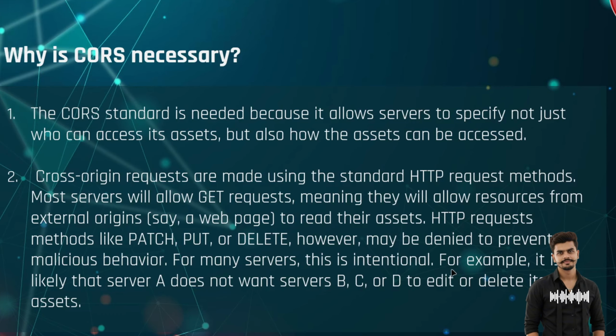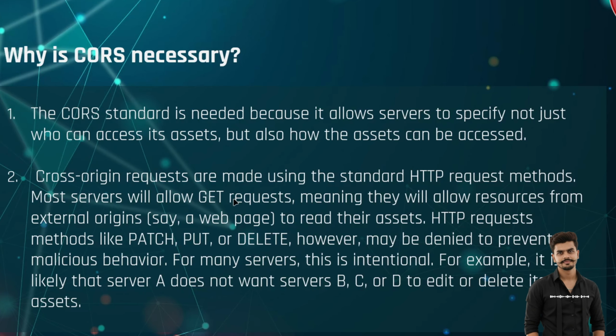For example, server A does not want servers B, C, or D to edit its data or delete its assets. So most of the time, the domain will allow the user to just get the content. Other than that, it won't allow any other power like deleting or uploading. So the basic one will be GET functionality.